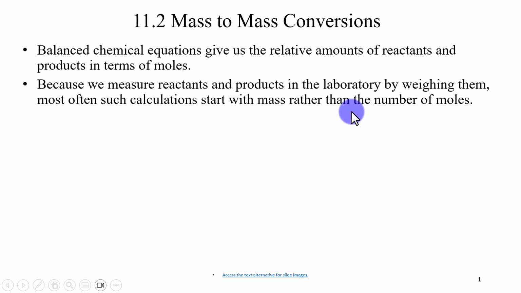And therefore, we use mass in grams to weigh these reactants or products, so these molecules, instead of moles. Even though we have the balanced chemical equation, we cannot start directly with moles when we have to weigh the reactants and products in laboratory scales.